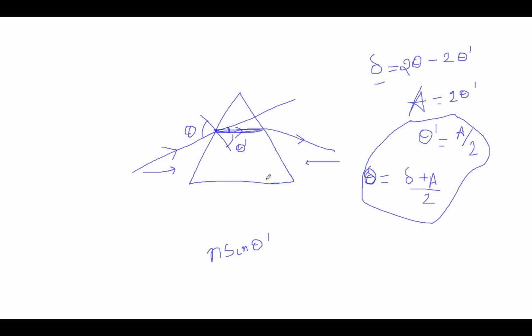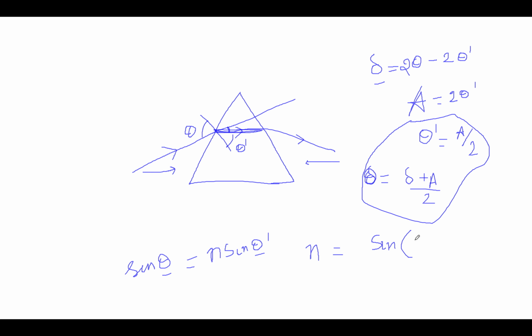That's the refracted angle. N sine theta prime, which is inside the prism, is equal to n sine theta if the medium outside the prism is simply air. The refractive index is 1. Now we know theta is delta plus A by 2 and theta prime is A by 2.